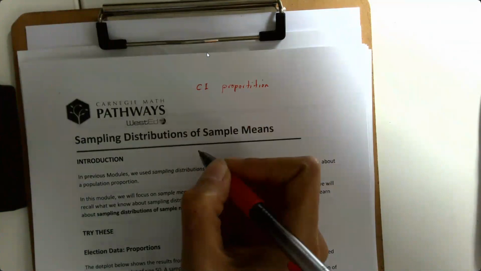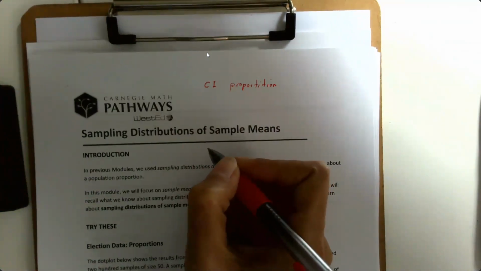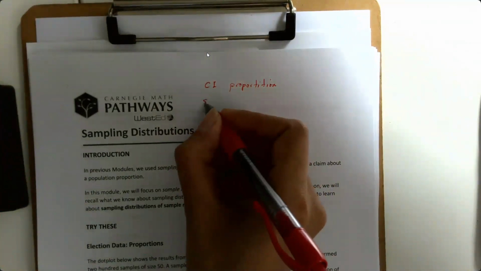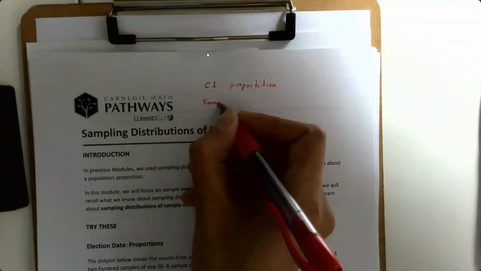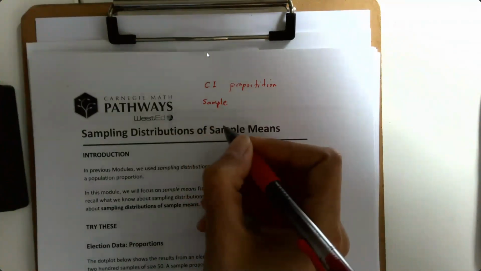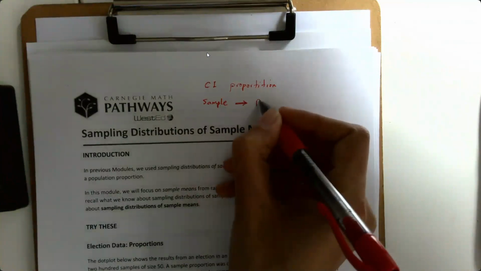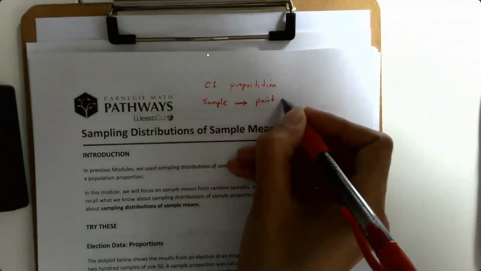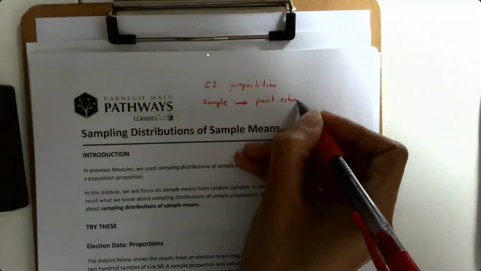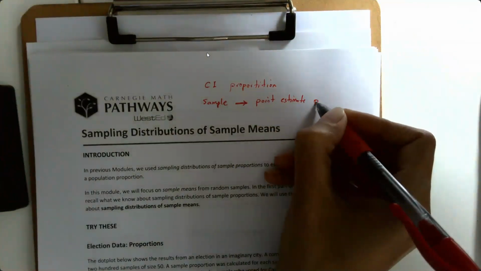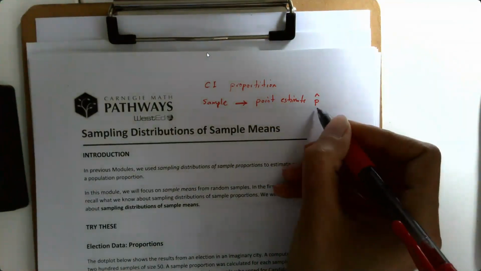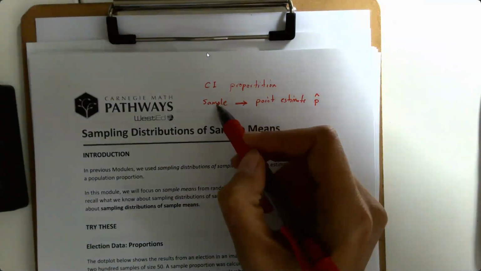What we did, we had a sample, then we took a point estimate, p hat, which is the proportion in your sample.